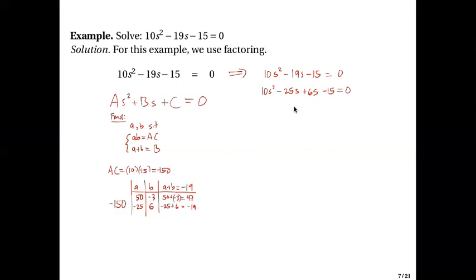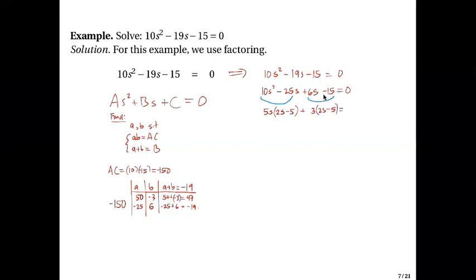And then you factor this by grouping. You group this, you group this. Correct? So if you group them, you will have 5s quantity 2s minus 5 plus in here you have 3 times 2s minus 5.